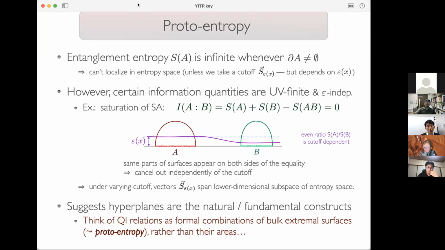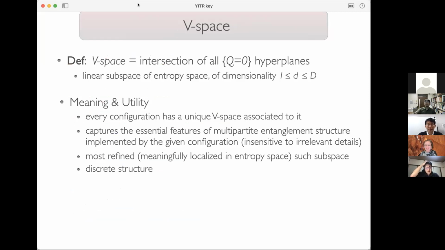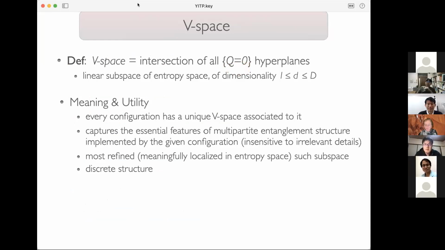Okay, good. That took a long time, so let me try to go a little bit faster. Let me introduce these two geometric constructs. One I already hinted at, which is this Vspace. This is a subspace of the entropy space, given by the intersection of all these hyperplanes specified by vanishing information quantities, these primitive information quantities which vanish.